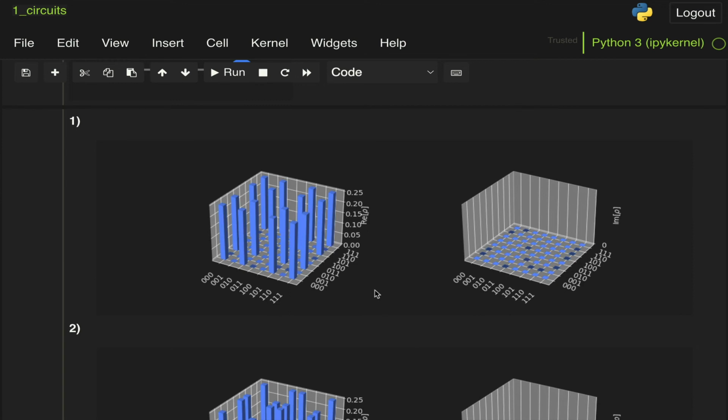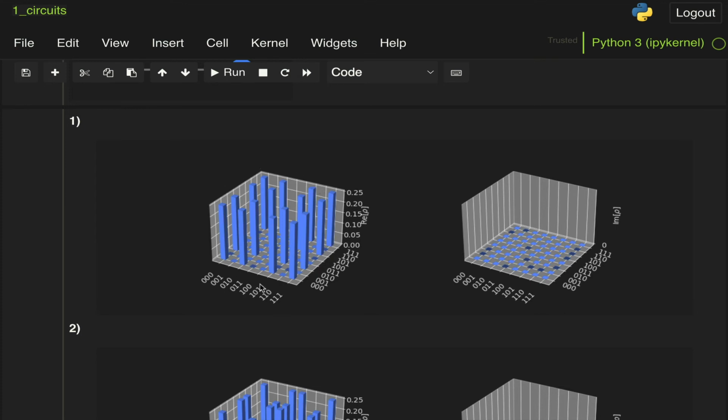Here we see that if we look at this matrix, it has some probability close to a quarter, 1/4, associated with state 000, then another one associated with state 010, right? And then another one associated with state 101, and another one associated with state 111.